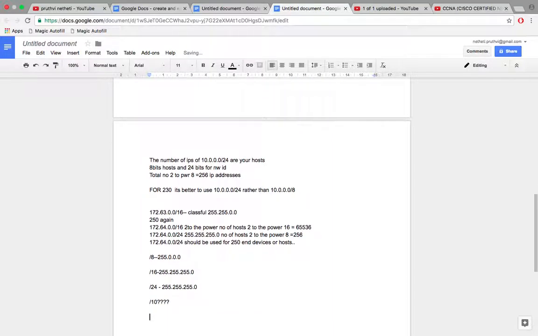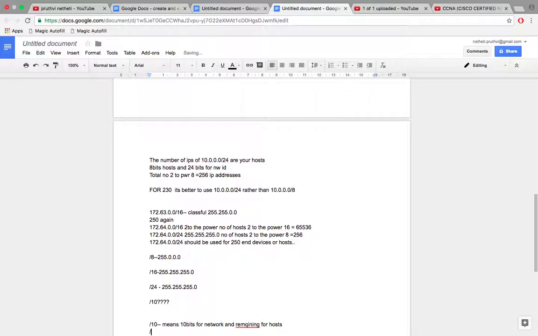Okay, so now let's take an example. 10.0.0.0/10. This is a network. Forget about this 10.0.0.0. Now let's see how /10 looks. /10 means 10 bits for network and remaining for hosts, right?